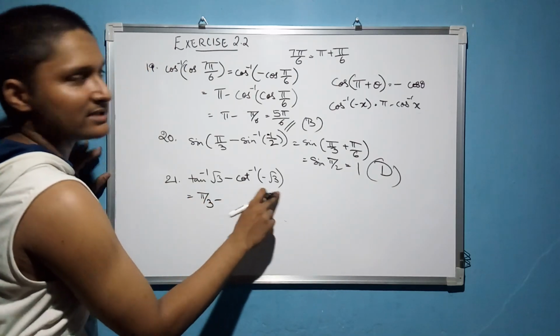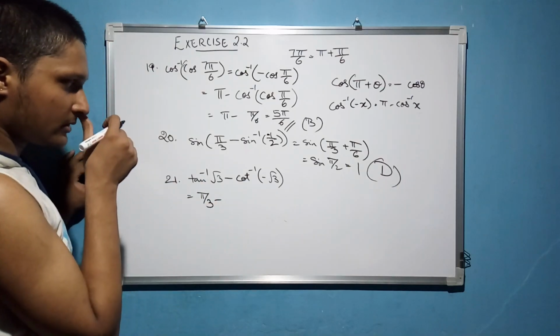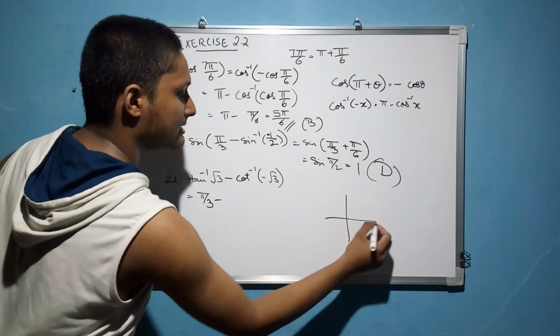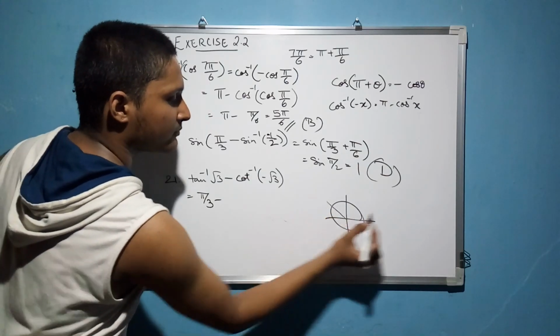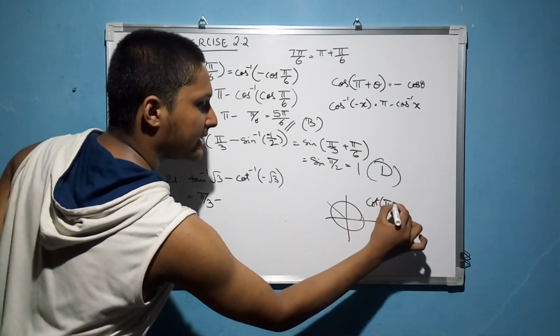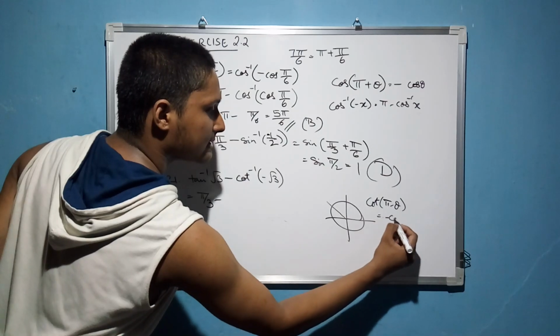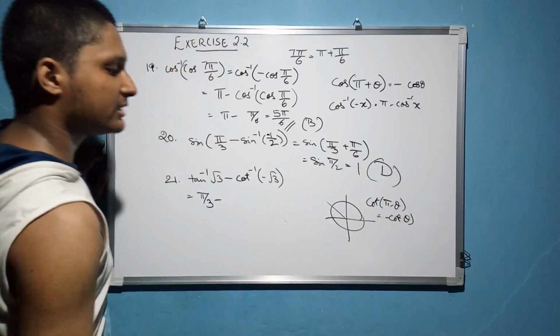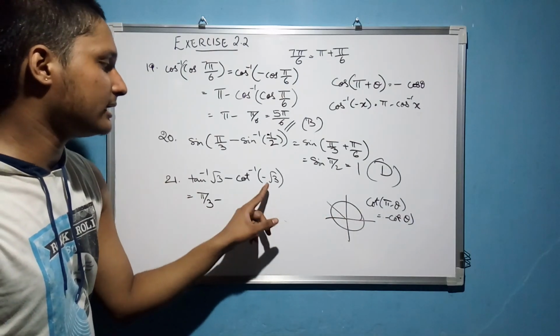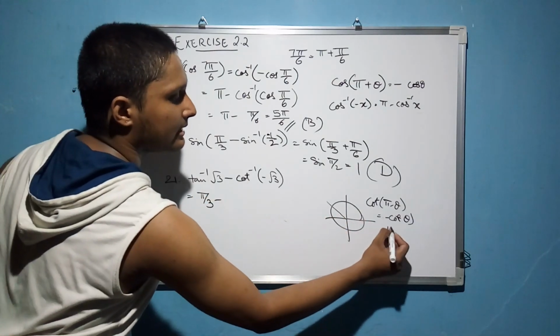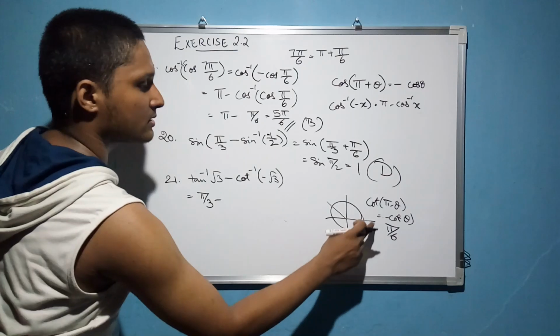Now the cot inverse of a negative value. I'll try to find that angle an easier way. Cot of pi minus theta is equal to minus cot theta. Therefore, since it is root 3, theta is going to be at 30 degree. Therefore, it is pi by 6.